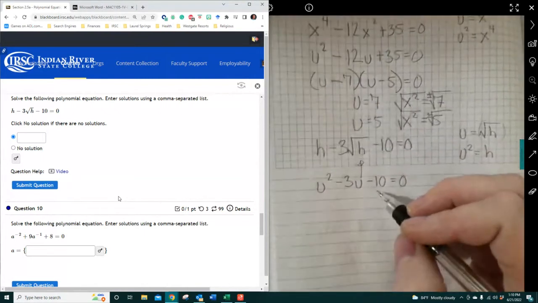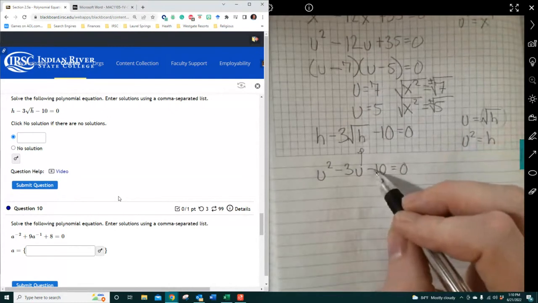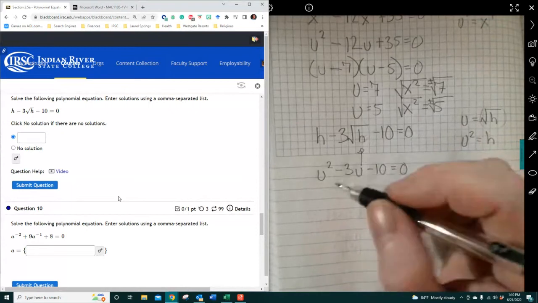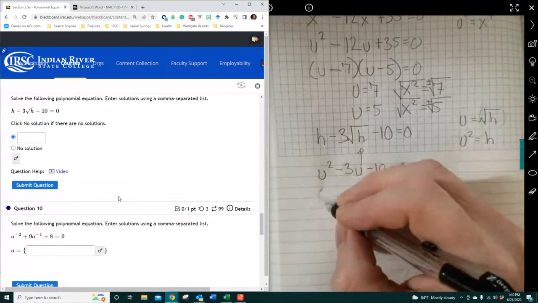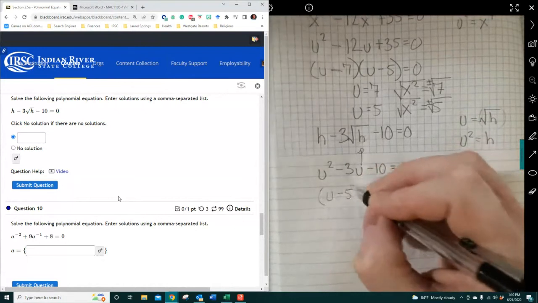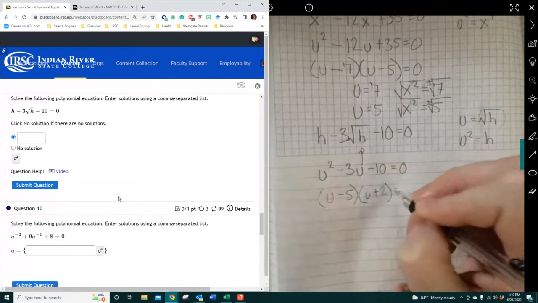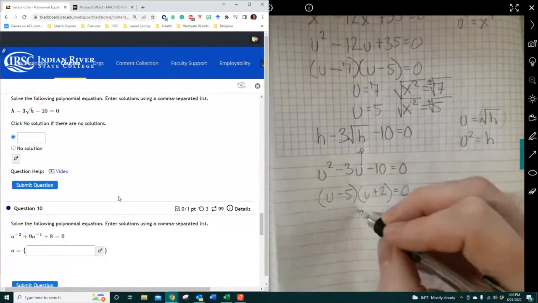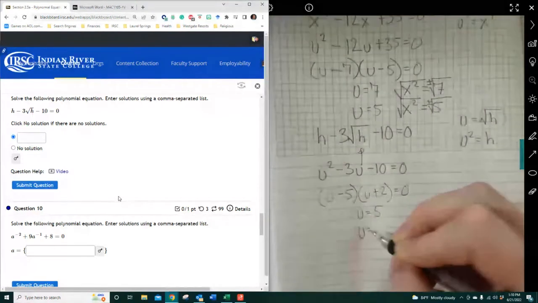So what two numbers multiply together to create negative 10 that add up to negative 3? That would be 5 and 2. So we're going to go ahead and say that's going to be negative 5 and positive 2. And then we're going to say U equals 5, U equals negative 2.